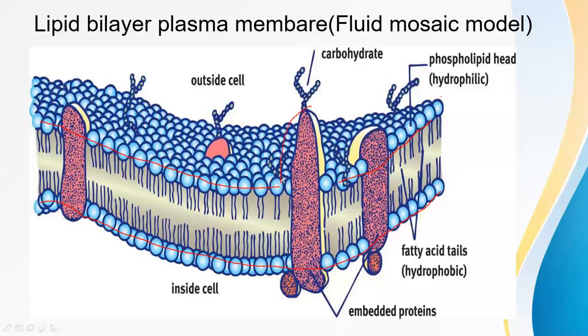Here you are seeing these are mobile proteins. These mobile proteins help in the transport of materials, ions, and atoms across the cell membrane. This is the basic structure of the plasma membrane or cell membrane.